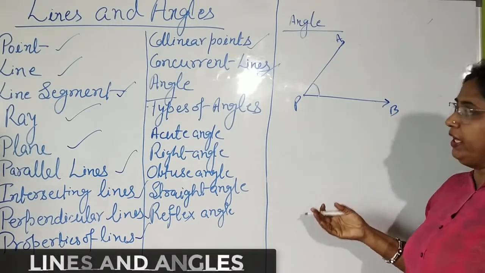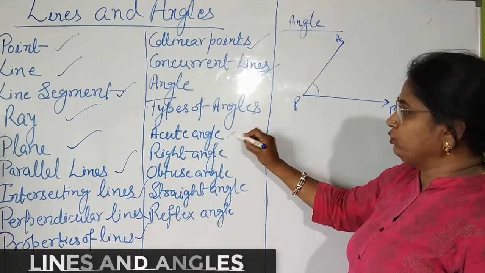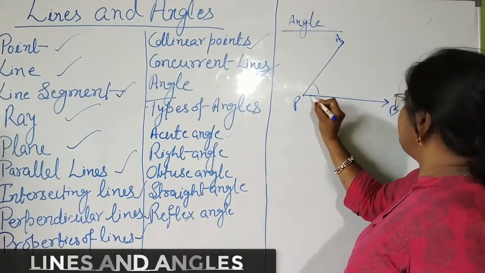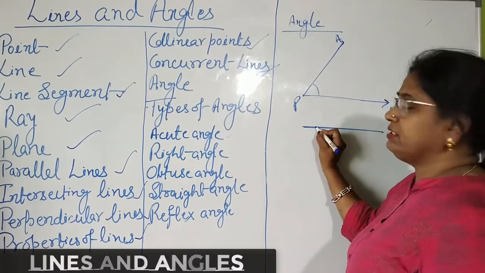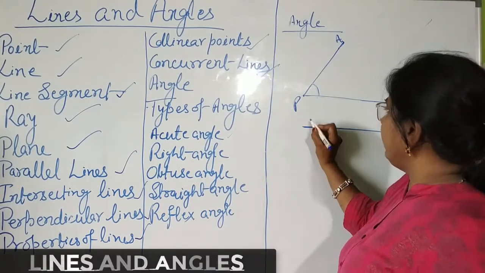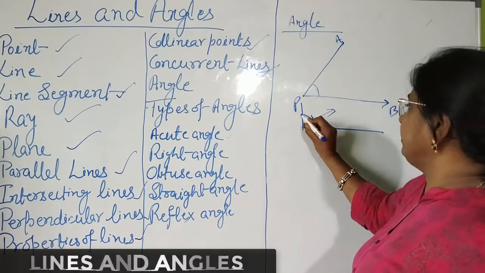Now types of angle. There are many types of angle. First is acute angle. Zero means the lines overlap each other, which is a zero angle. The angle greater than 0 and less than 90 degrees is called acute.